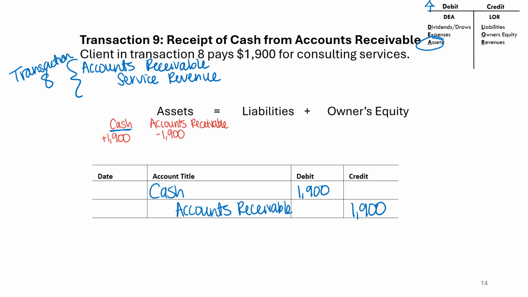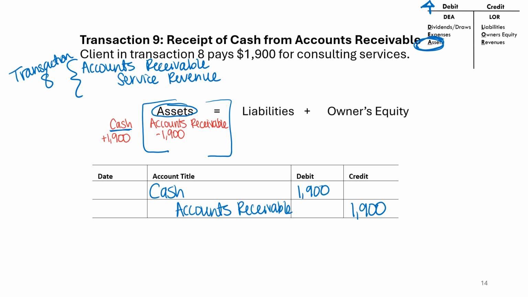So let's say that you weren't sure about cash. How would you know that accounts receivable would be the credit account? Accounts receivable is an asset. Assets are increased with a debit. But here we are not increasing accounts receivable.